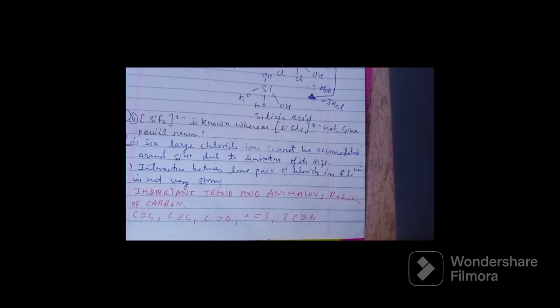This is clearly seen from the bond enthalpy values, and the order of catenation is carbon is greater than silicon, which is greater than germanium, which is equal to tin, and lead does not show catenation. So due to the property of catenation and p-pi bond formation, carbon is able to show allotropic forms as well.